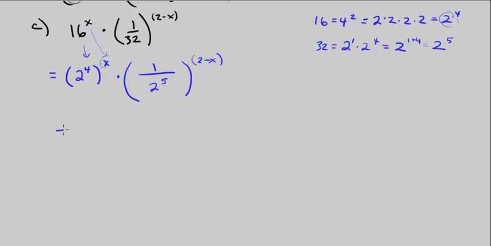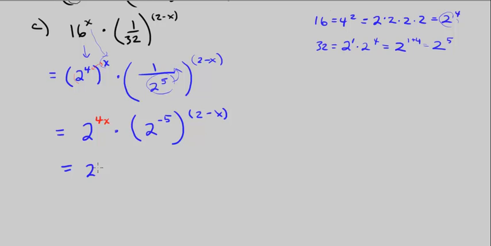Now let's do some simplifying. Here we have 2 to the 4th power to the x power. Again, we multiply these exponents, so we get 2 as the base and 4x as the exponent, times, now to move the denominator up, 2 to the negative 5, and we still have 2 minus x as the exponent that this expression is getting raised to.